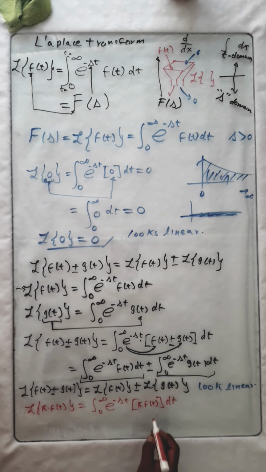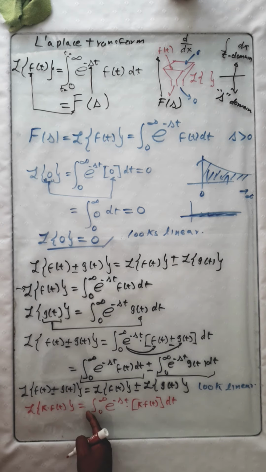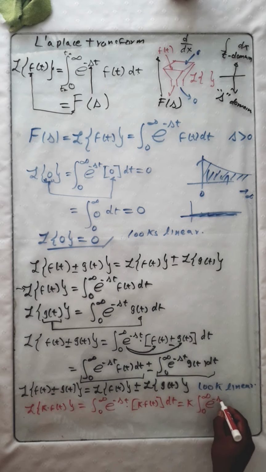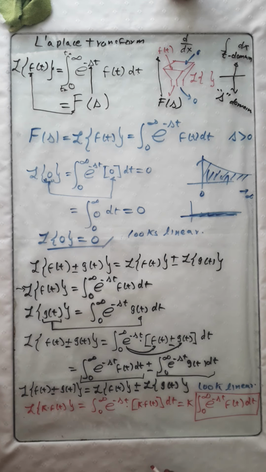Now, because here you have multiplication, this k can be taken outside. This k is not dependent on the t, so the k can be taken outside of the integral. So this is going to be equal to k times the integral from 0 to infinity of e to the minus st f of t dt. Now, what is this? Well, this is the definition of the Laplace transform of f of t.